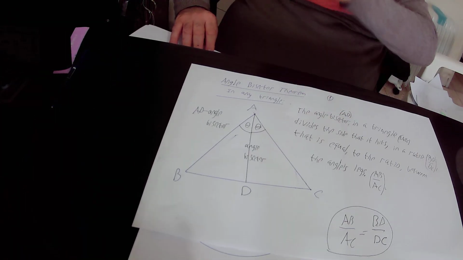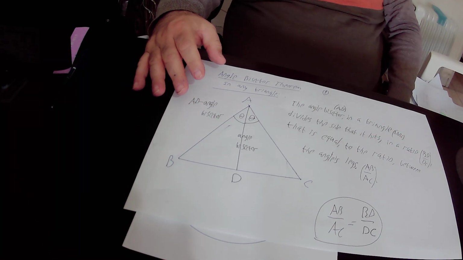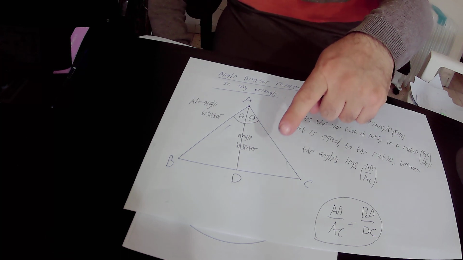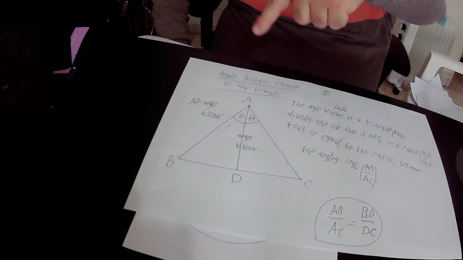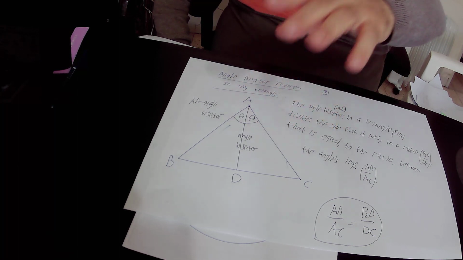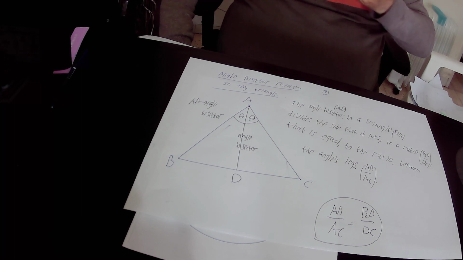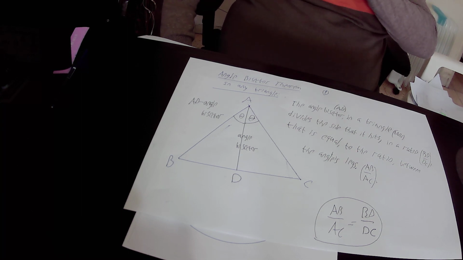So here we have triangle ABC, that could be any triangle. AD is an angle bisector. Why? Because it divides angle BAC into two halves. For that reason, it is an angle bisector. So, according to the angle bisector theorem, the angle bisector, in this case AD, divides the side that it meets.